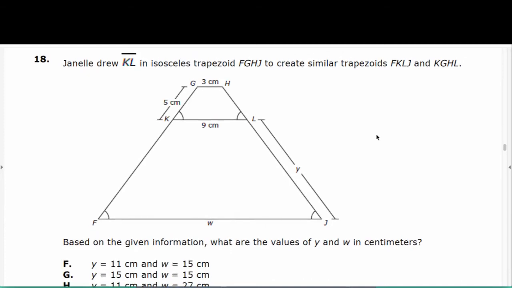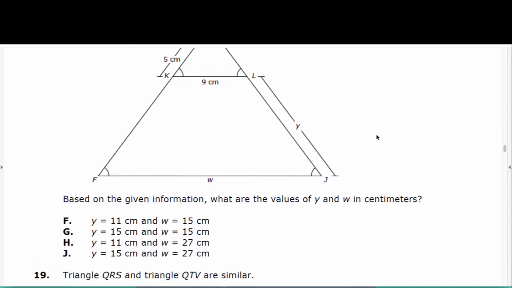Question 18. Janelle drew KL in isosceles trapezoid FGHJ to create similar trapezoids FKLJ and KGHL. Based on the given information, what are the values of y and w in centimeters?